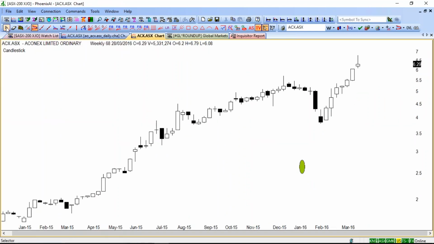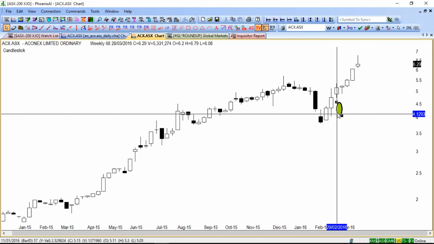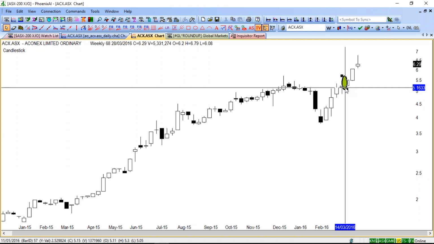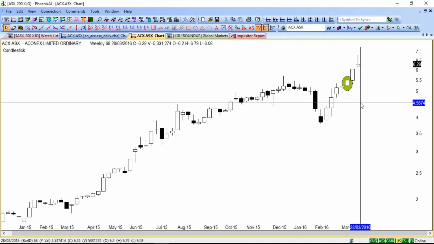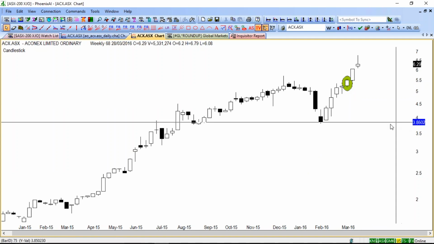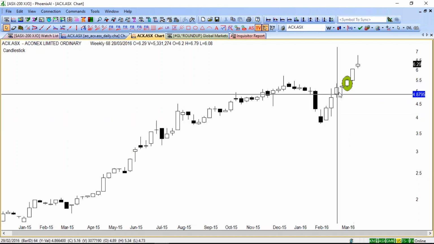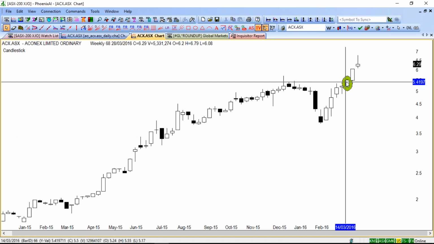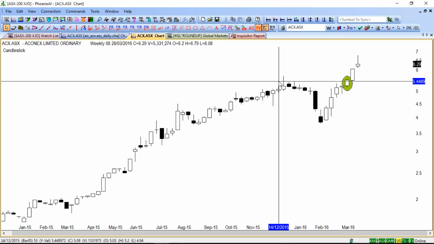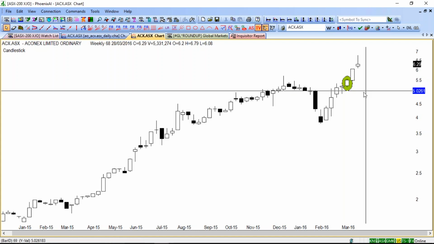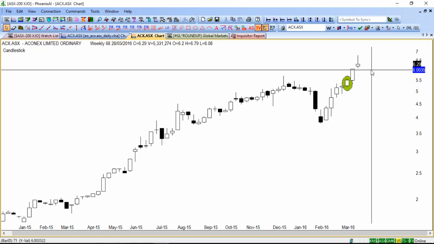The trade was taken in here, this little bar there. That was the bar off the back of this pullback. The sellers have exhausted themselves, and the buyers have come back in, and it's poked itself above this. The closing price has poked itself above this resistance in here, and since then it's followed through.